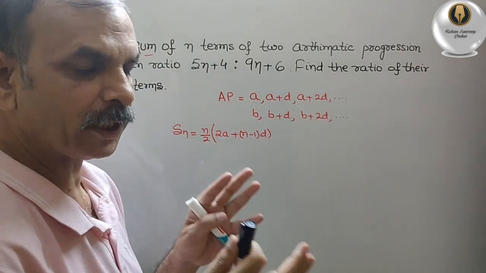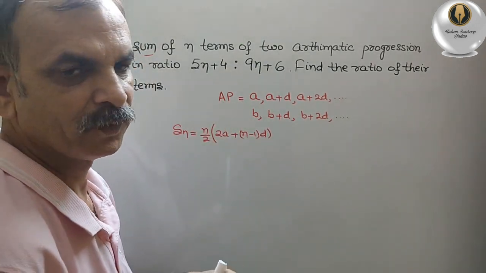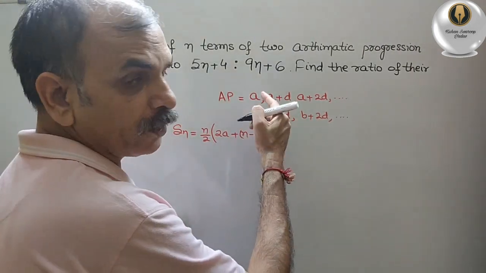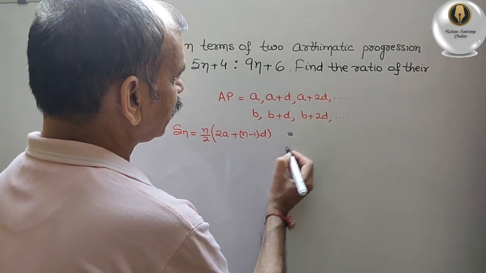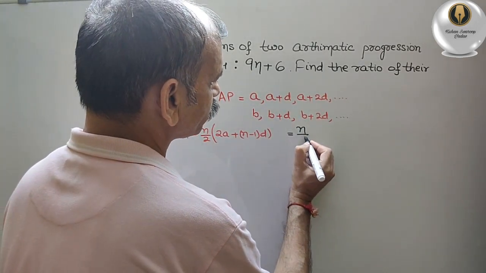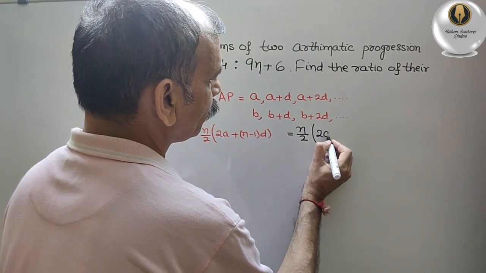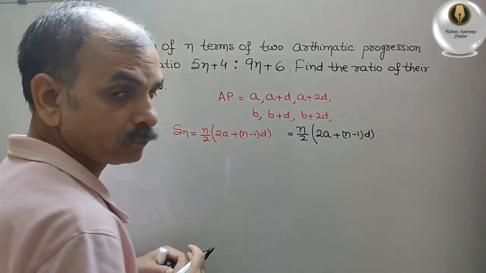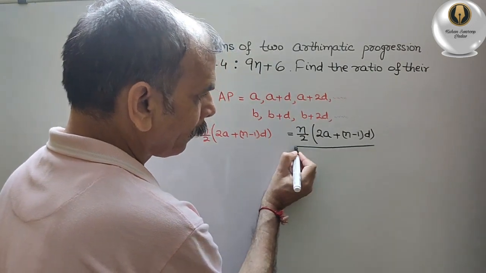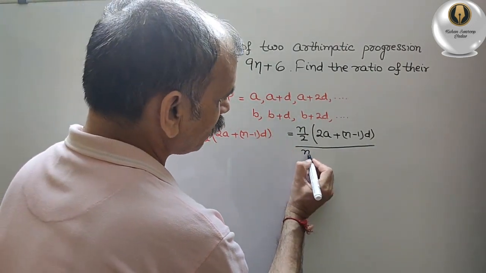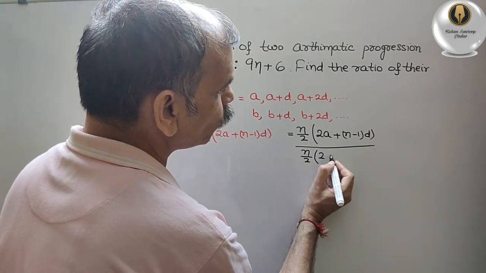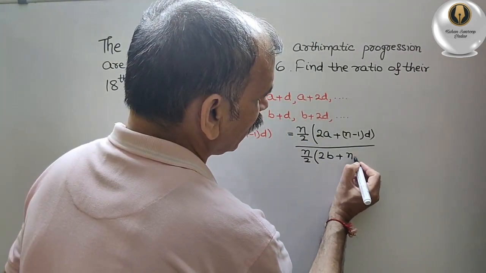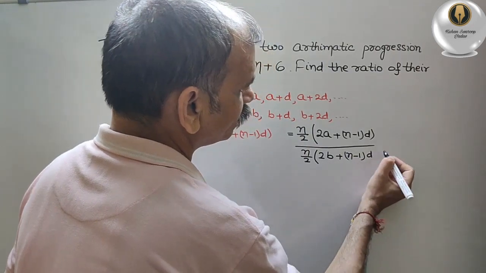Now we will substitute in the ratio. The first sum, that is the first AP, is n by 2 into 2a plus n minus 1 into d, divided by the second one, n by 2 into 2b plus n minus 1 into d.